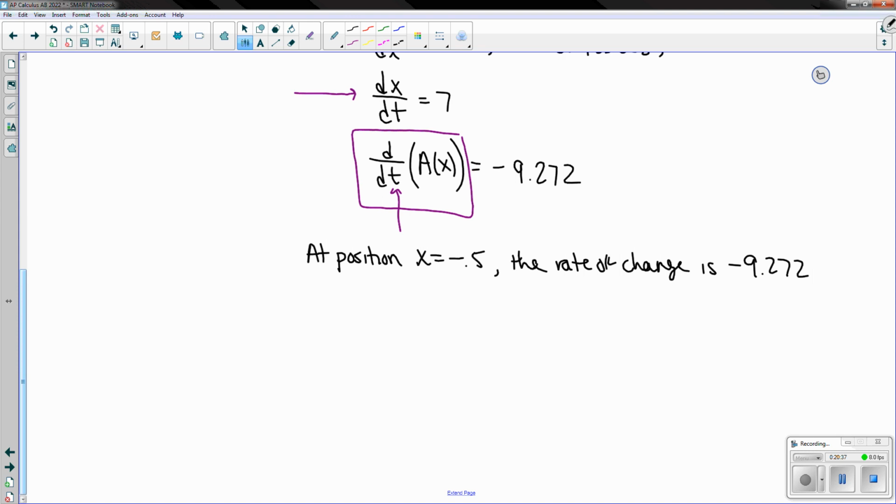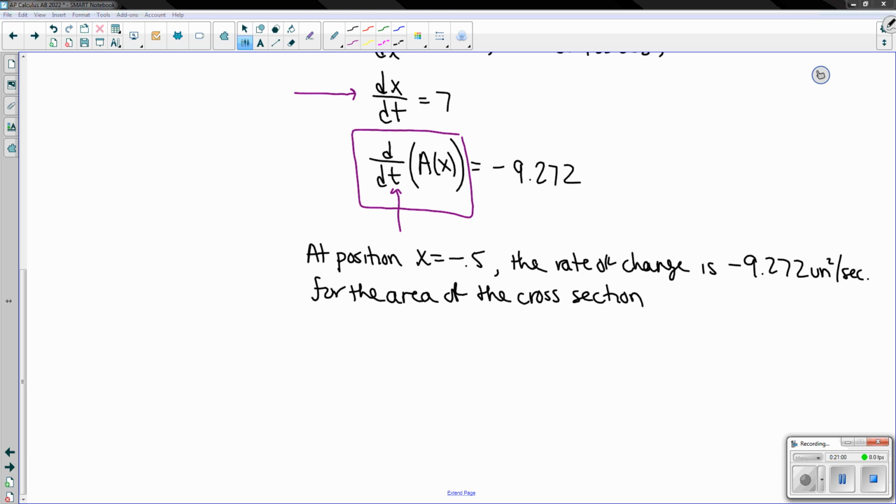So square units per second for the area of the cross section. And that's all there is to it.